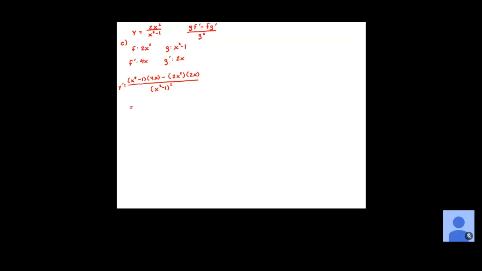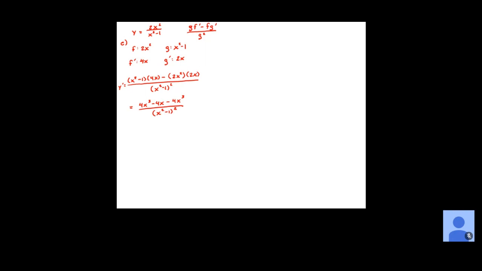All right, so now if we simplify this, I'm going to go ahead and distribute my 4x here. So that's going to give us 4x cubed minus 4x. And then over here, we can multiply 2x squared times 2x. That's going to give us a minus 4x cubed all over, again, keep this factored, x squared minus 1 all squared.